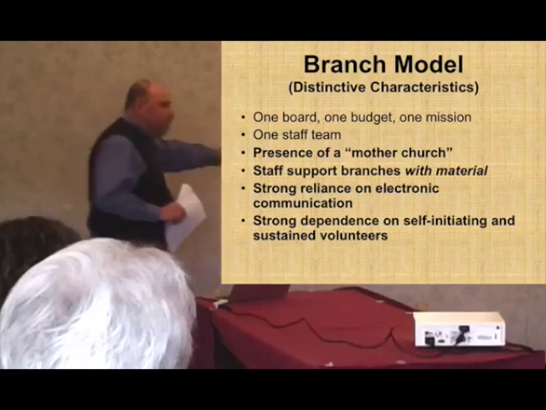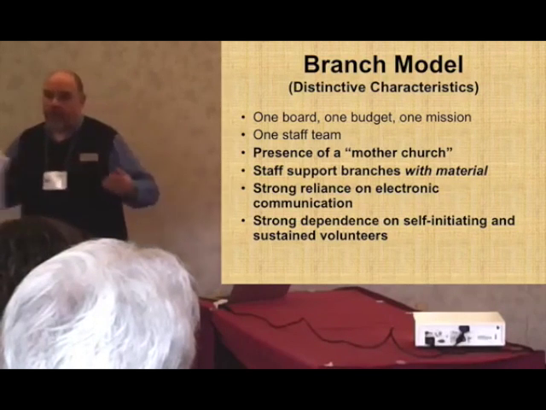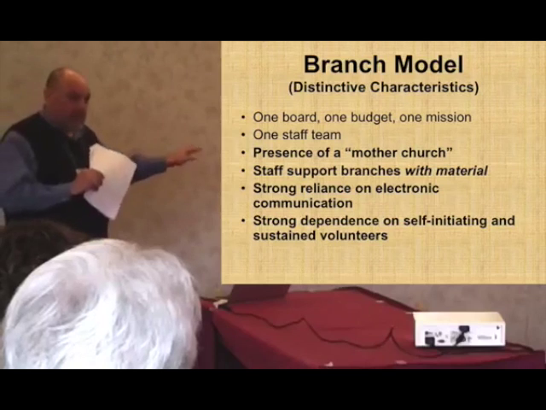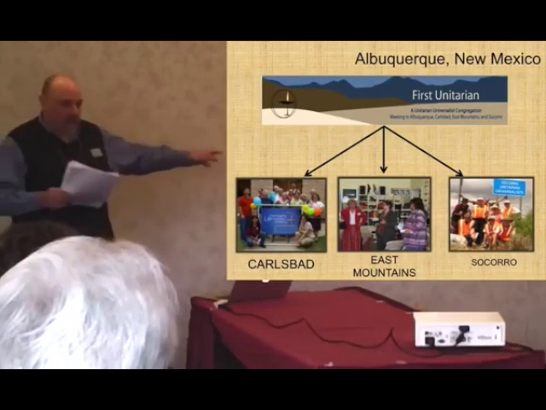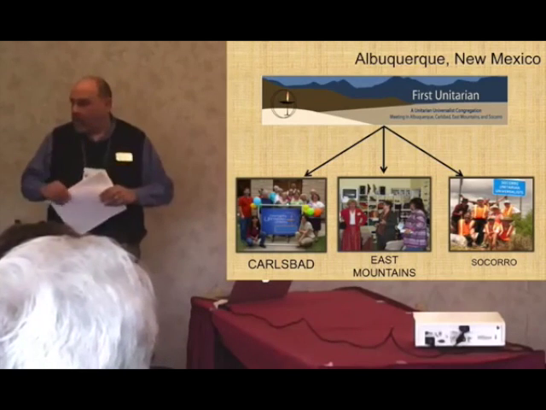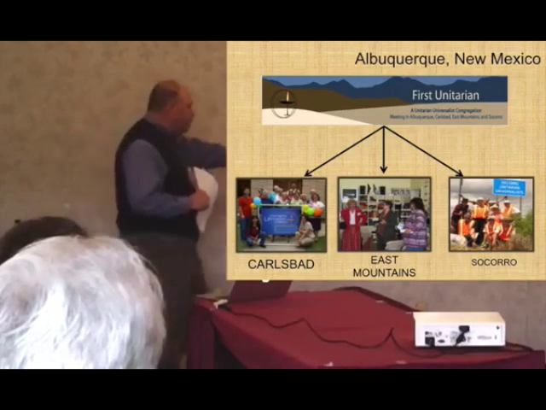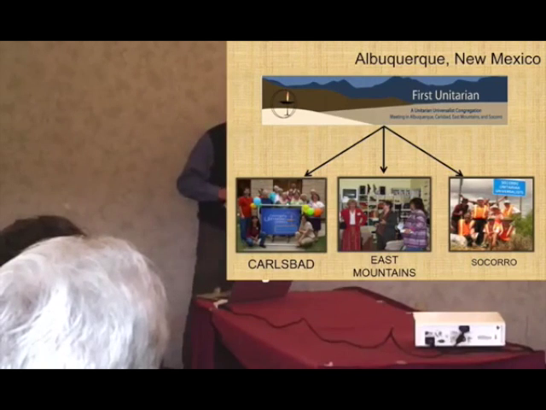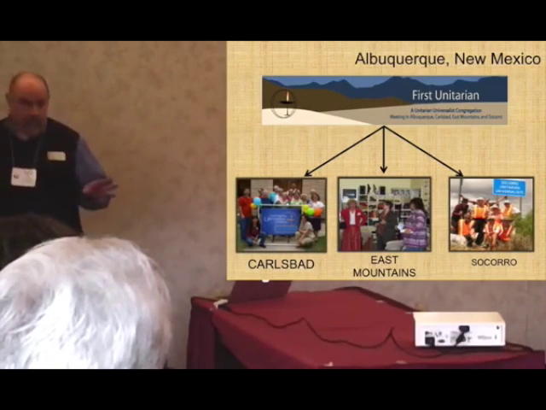And then it's up to the members of the branch to do a worship service or provide other activities. But it does rely on really strong volunteers and lay leaders. The example of the branch model is the Congregation in Albuquerque, which has been doing this for a while now. They have 3 branches, Carlsbad, East Mountains, and Socorro, which are, from what I understand, pretty far away from the church in Albuquerque.